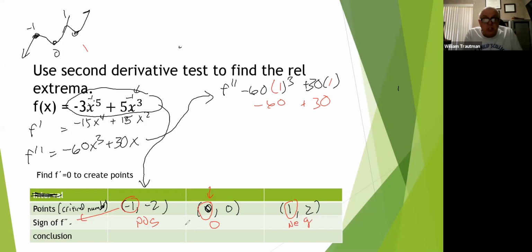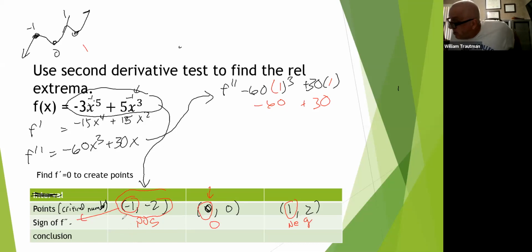So the conclusion: if this is positive, then this point is a, do you remember what it said in the previous slide? Let me go back and find that slide. Here it is.